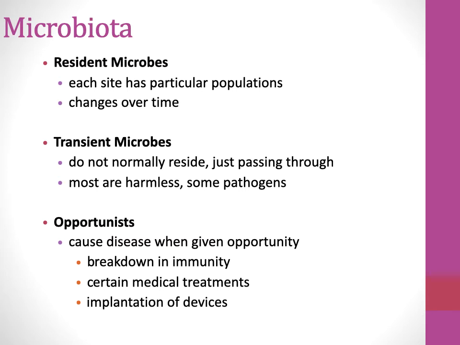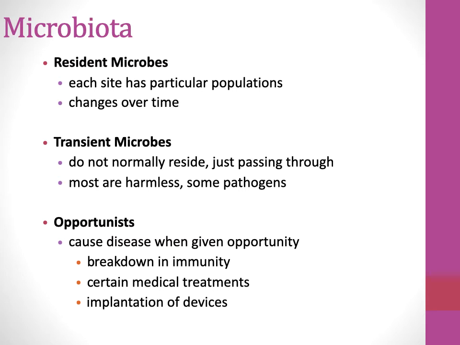We also have opportunistic bacteria and microbes, and if the conditions are right, they will actually cause illness. Normally they could be living with us in a very symbiotic relationship. They could be our resident or transient, but if there's a breakdown in our immunity, either because we're taking immunosuppressive drugs, or maybe we're not sleeping enough, or stressed out, or there are certain medical treatments, or you have an implantation of a device, or surgery done, that can introduce these opportunistic bacteria to a different location.